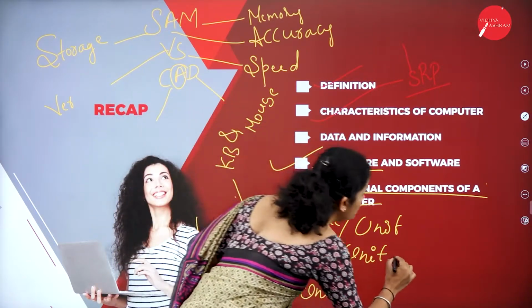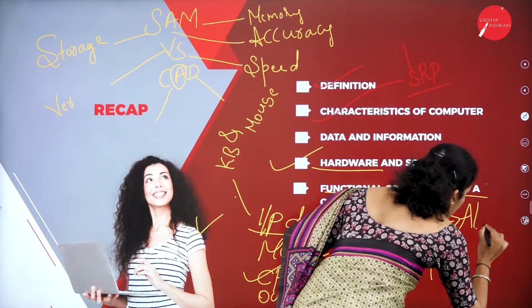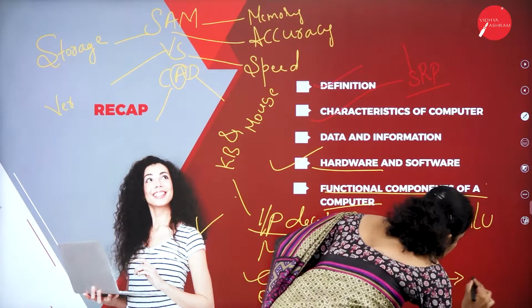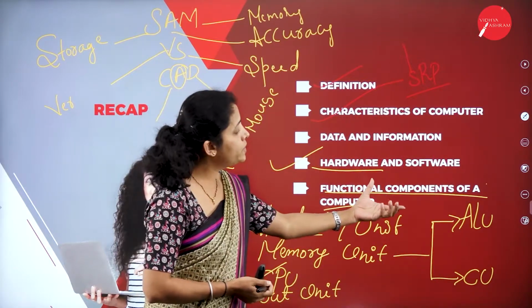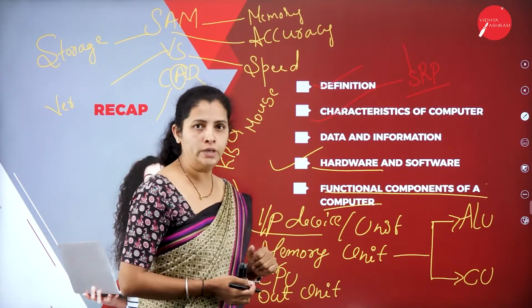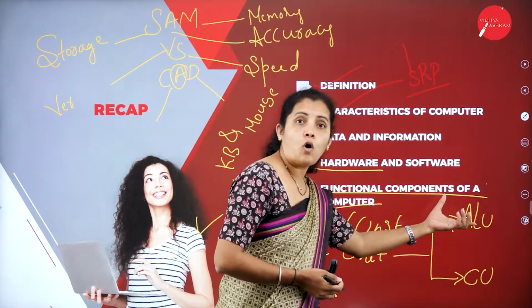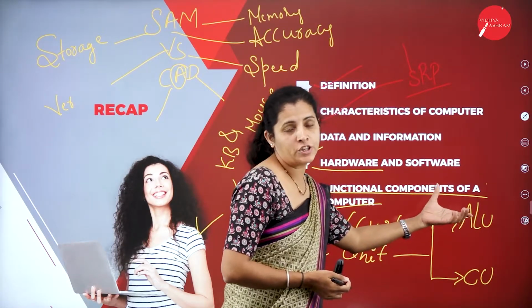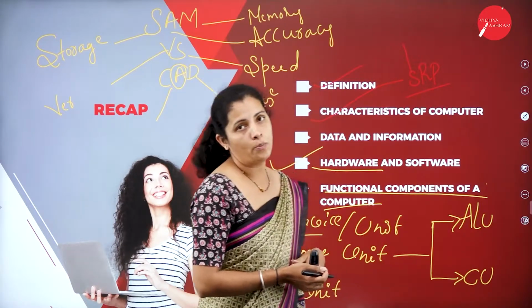So this CPU is further divided into ALU and CU. So what is ALU? It is a combination of arithmetic as well as logic unit. That means it is responsible for performing all the arithmetic operations, logical operations as well as relational operations.